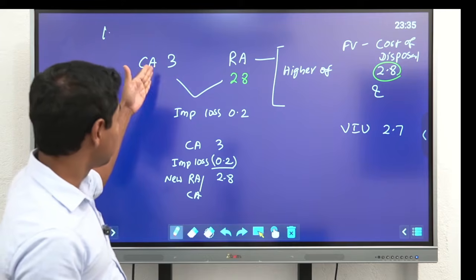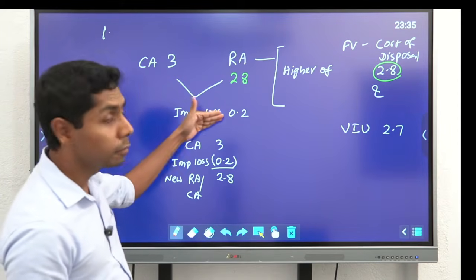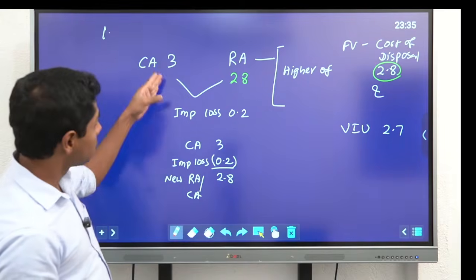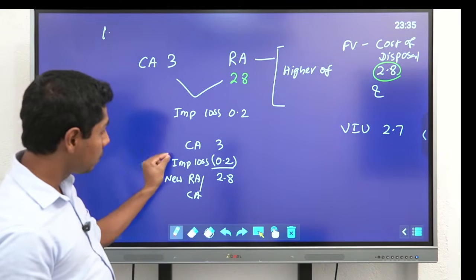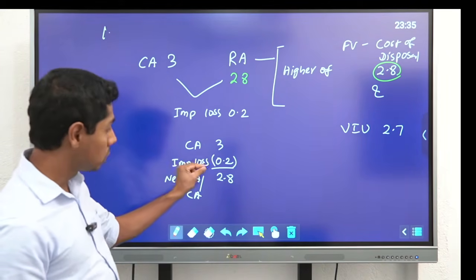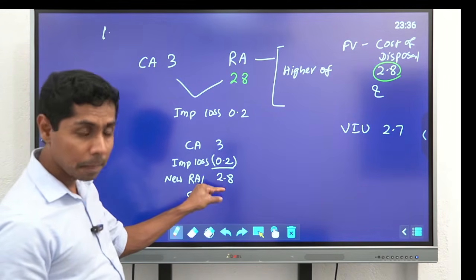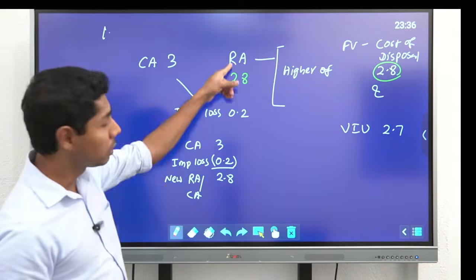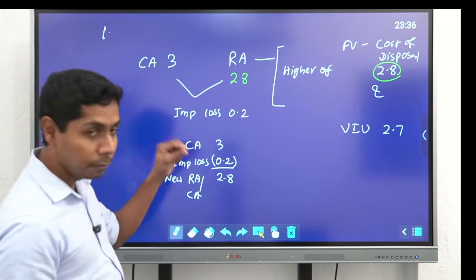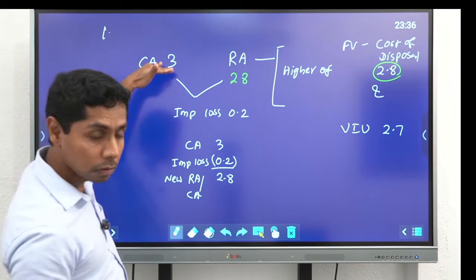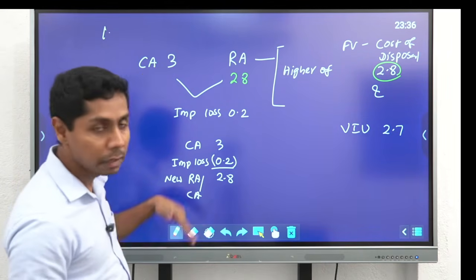In activity 1, we recognized the impairment loss of 200,000. The carrying amount was 3 million, we recognized the impairment loss of 200,000, so the new carrying amount is 2.8 million, which is exactly equal to the recoverable amount. What did we do? We brought the carrying amount of 3 million to the recoverable amount.